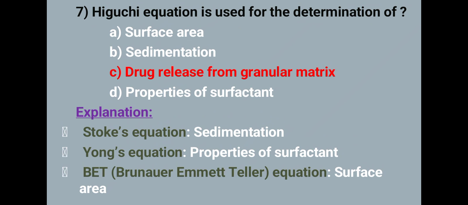We can see explanation. So surface area can be determined using BET equation. So the explanation of BET is Brunner-Emmett-Teller equation. And sedimentation can be determined by Stokes equation, and the surfactant properties can be determined by the Young's equation.